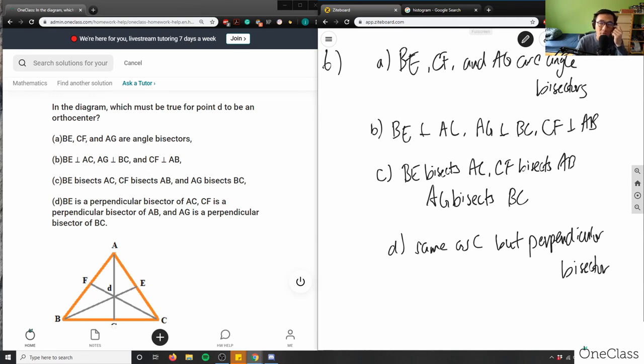So how would I solve this problem? What must be true for D to be orthocenter? So again, take a moment to think about this problem, and maybe think of the word orthocenter. What does that mean when we talk about the orthocenter of a triangle?